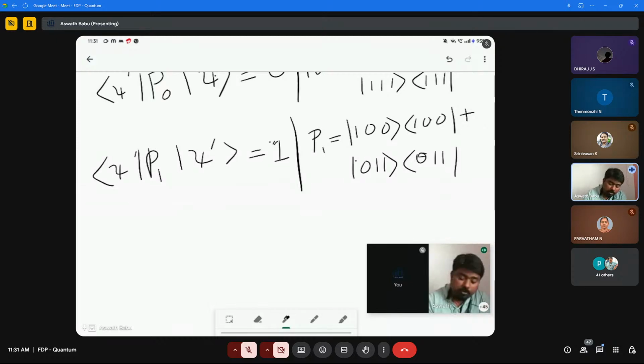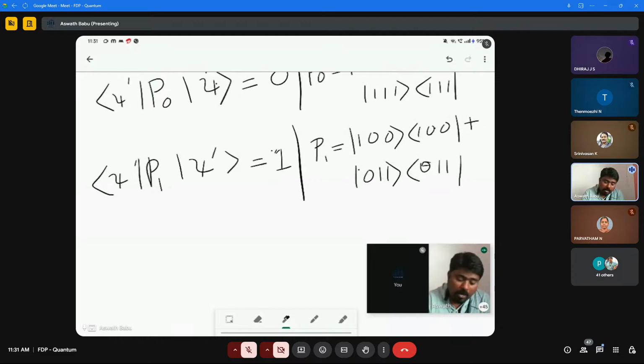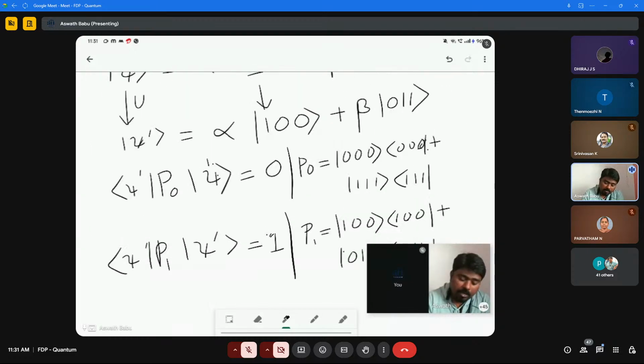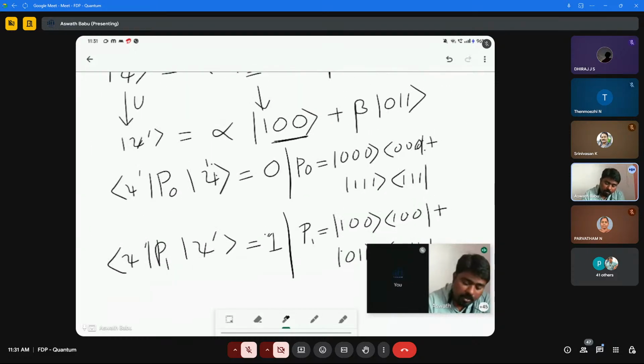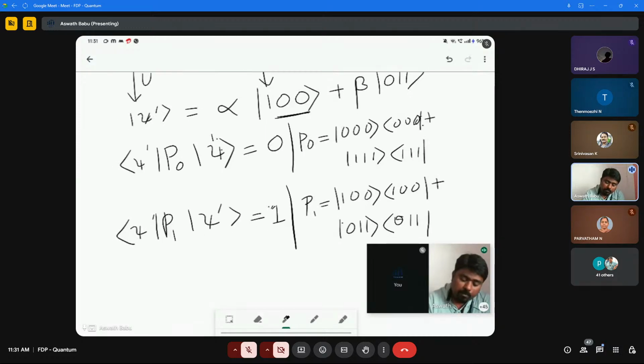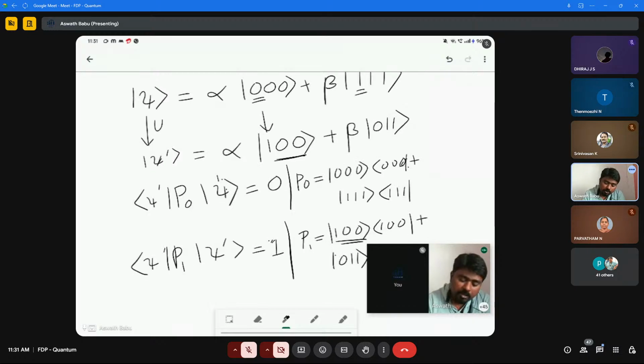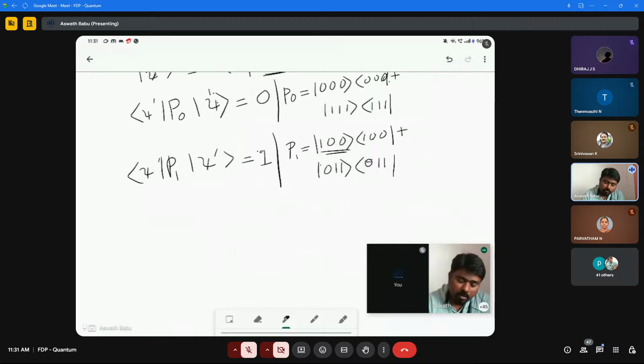So, already psi has 100 in it, and this P1 projection operator has 100. Psi prime has 011, and this projection operator has 011. So obviously you are going to get 1.